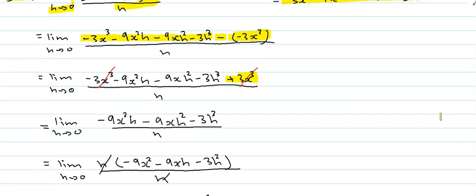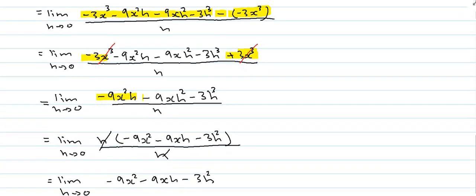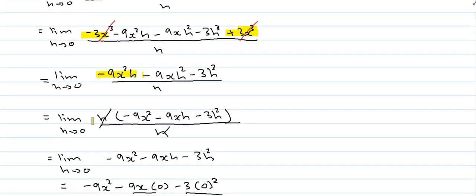Then I always say that f of x must cancel out. Negative 3x cubed cancel out 3x cubed. Then we're left with negative 9x squared h minus 9x h squared minus 3h cubed. Then after f of x has cancelled out, then you take out the common factor, which is h. Then h will cancel out h.